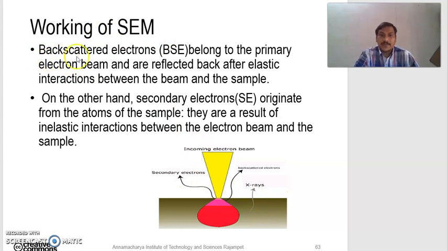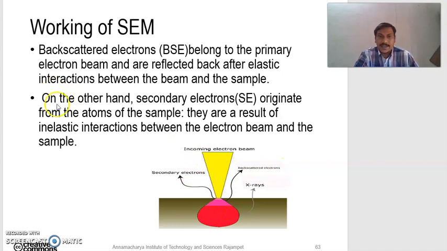Working of SEM. Backscattered electrons belong to the primary electron beam that are reflected back after elastic interactions between the beam and the sample. So when the electron beam is incident on the sample, the electron beam is scattered from the atoms on the surface. Then the scattered electron beam is called the backscattered electron beam.